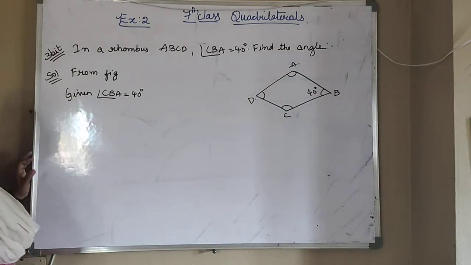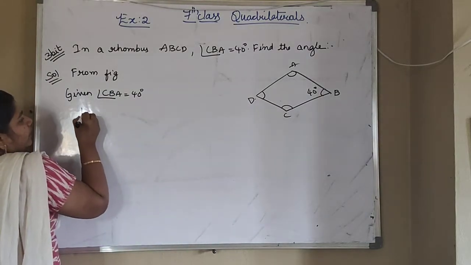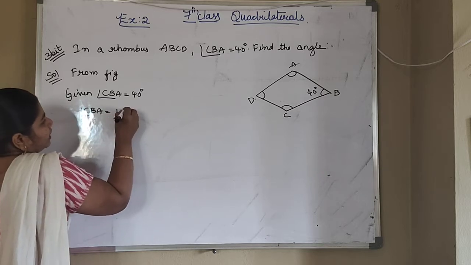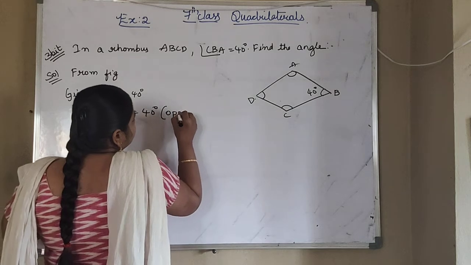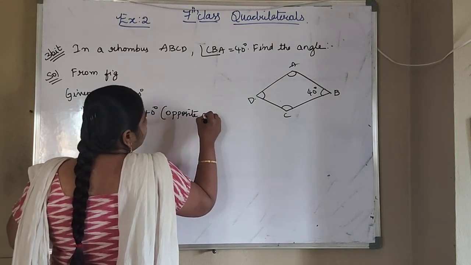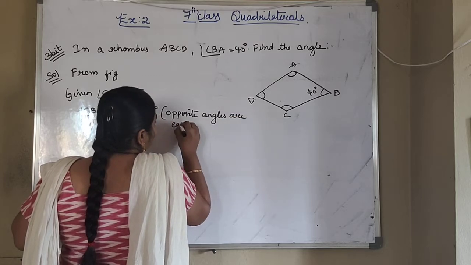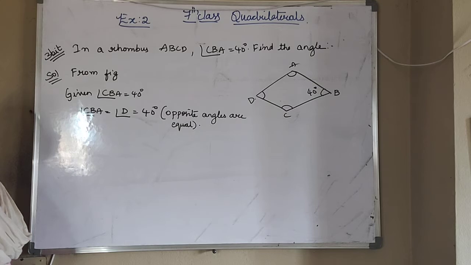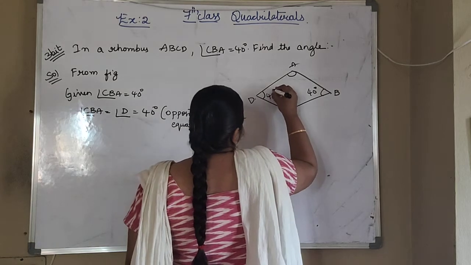So you can write angle D is also equal to 40 degrees, because opposite angles are equal. Already we know by the properties of rhombus, opposite angles will be equal. Now you got angle D equal to how much?